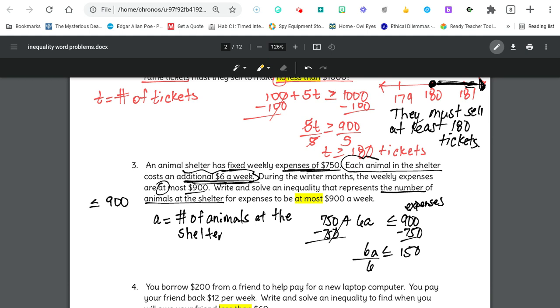And so that means that the expenses of $150 are coming from the number of animals at the shelter. Divided by 6, because I know it's $6 for each of those. So 150 divided by 6 is 25. So I know, hold on guys, let me graph it.